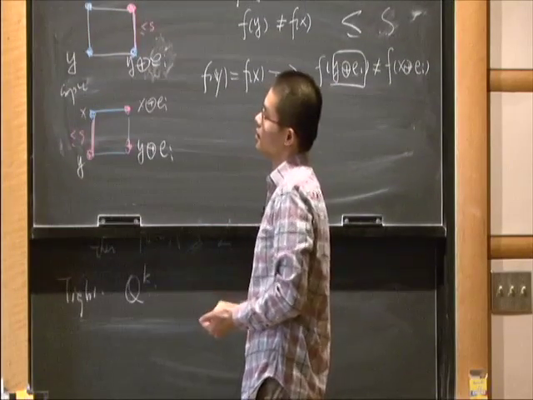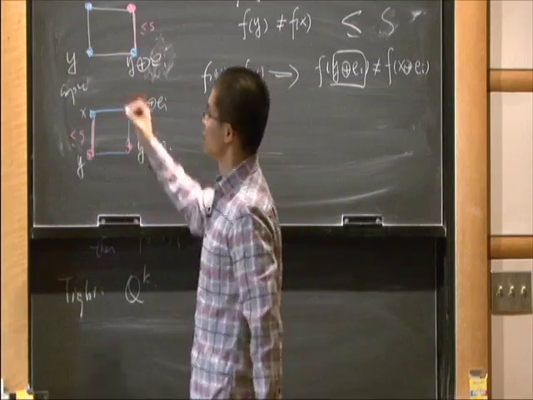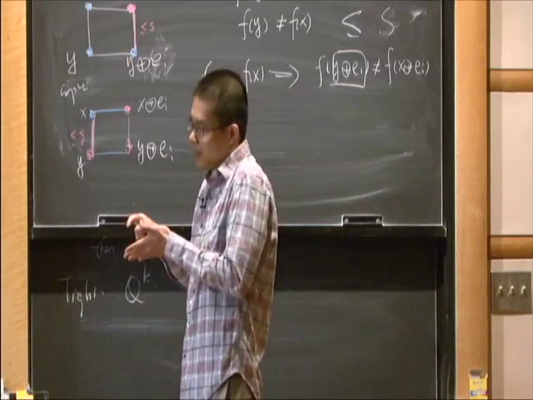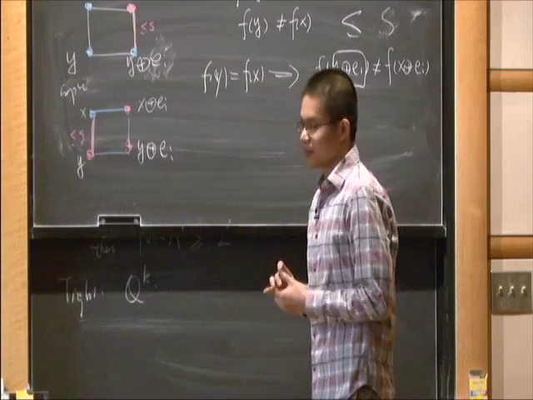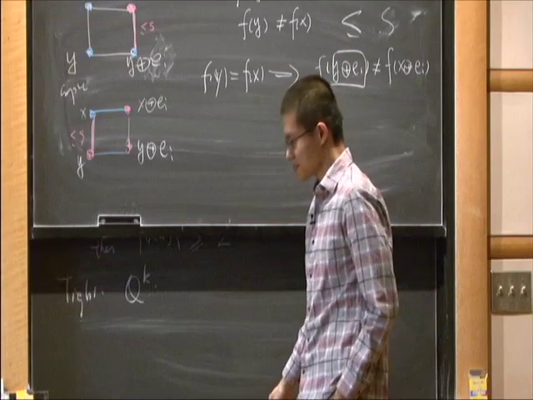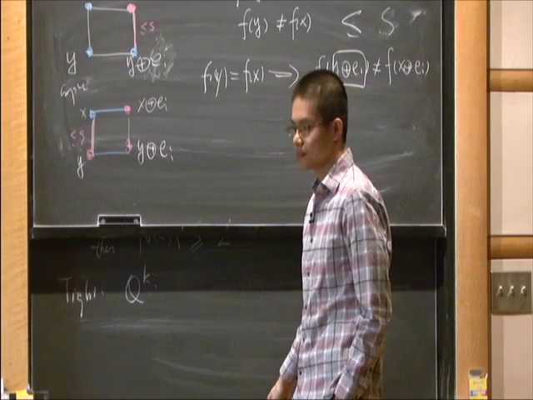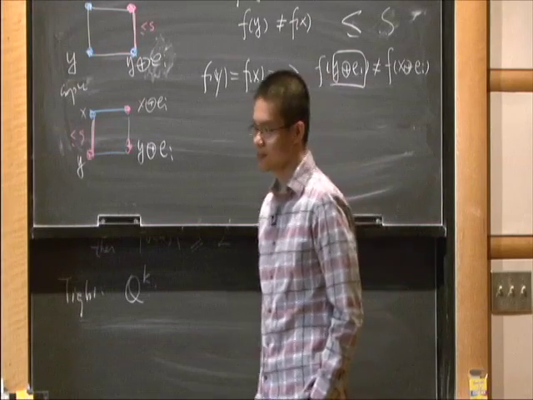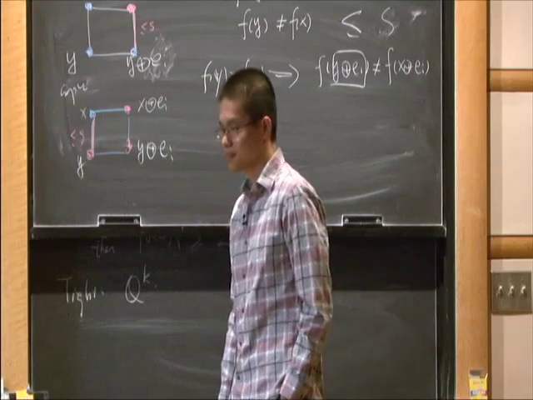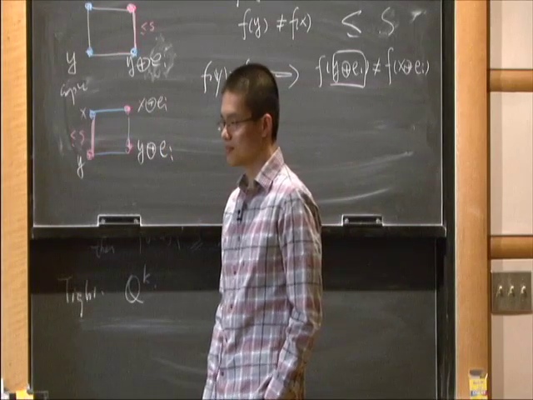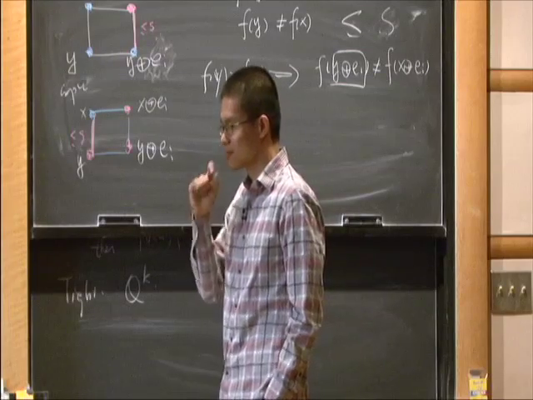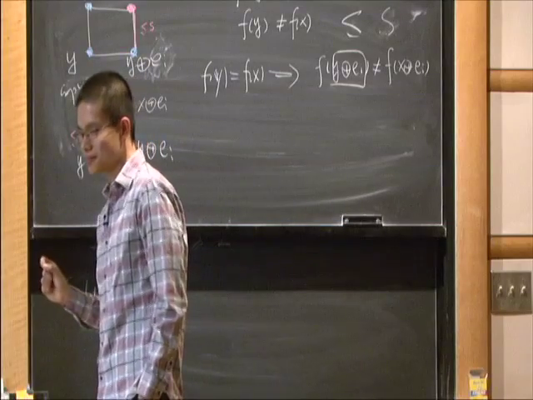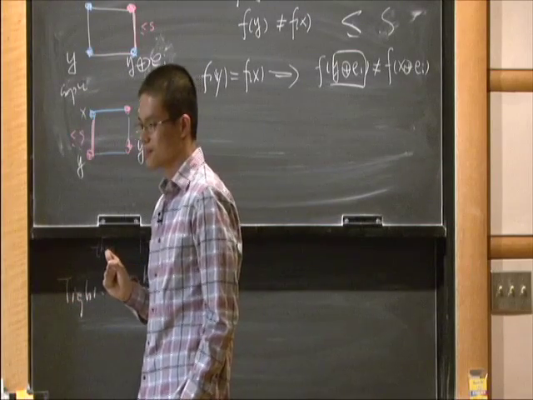In any vertical direction, with respect to i, with one fixed i, you are not allowed more than S. Neither X nor X plus e_i is allowed to have more than S neighbors with a different color, because that's a sensitivity bound. And that's it. One of them has to be different.